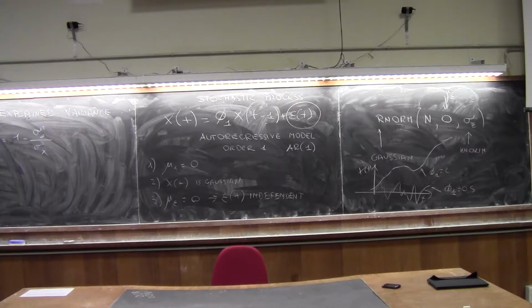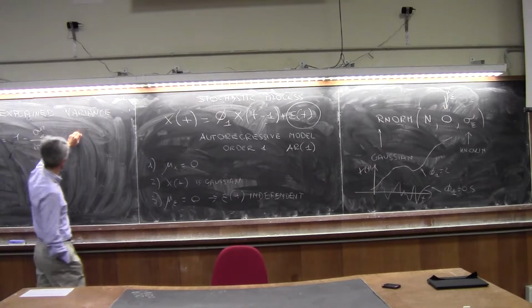And there is a top value for the explained variance. The top value is when the model is perfect. Epsilon is identically 0, so the variance of epsilon is 0, and then the top value for the explained variance is 1. So this is max 1.